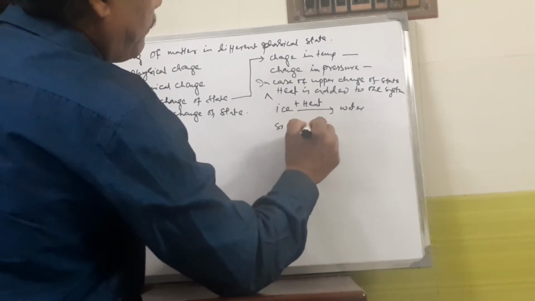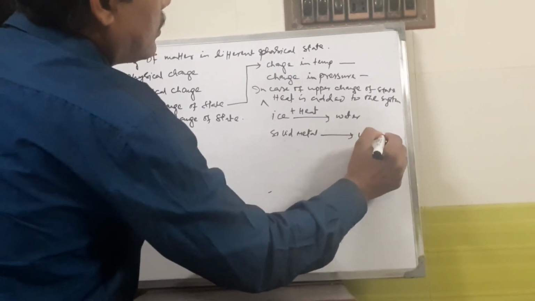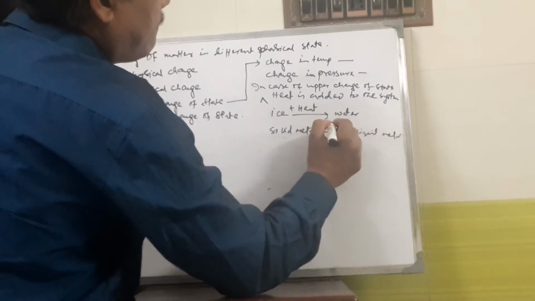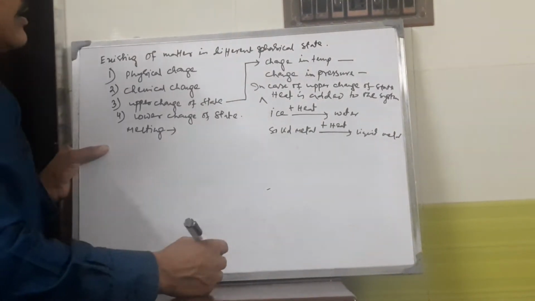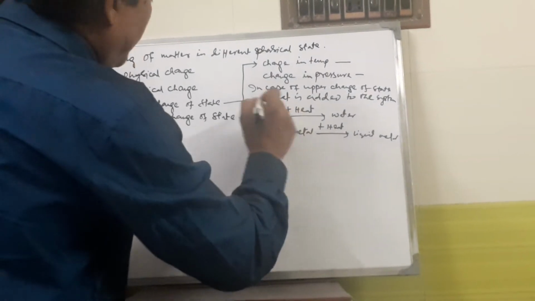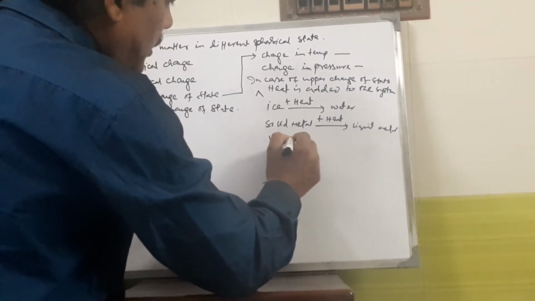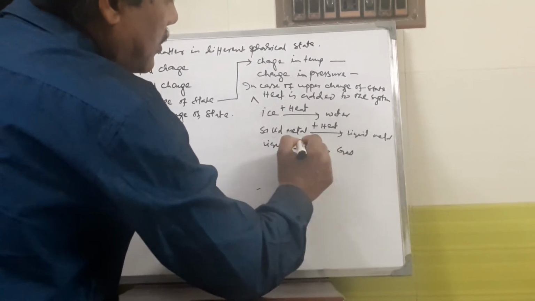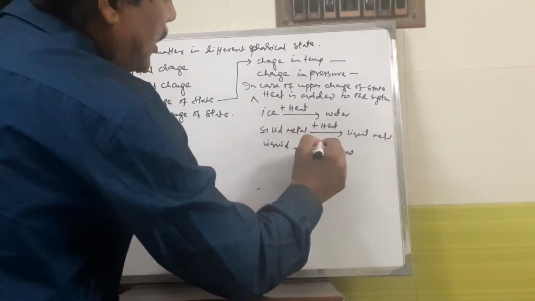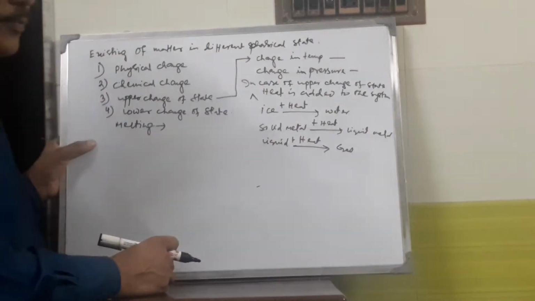Solid metal to liquid metal, heat is added to the system. These are all upper change of state. Liquid to gas by addition of heat is also known as upper change of state.